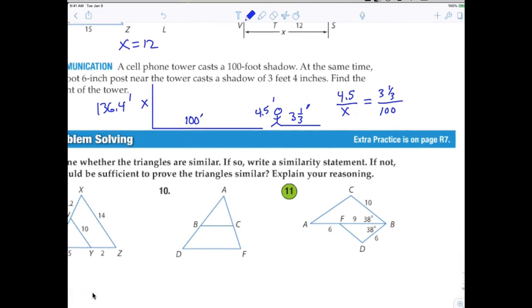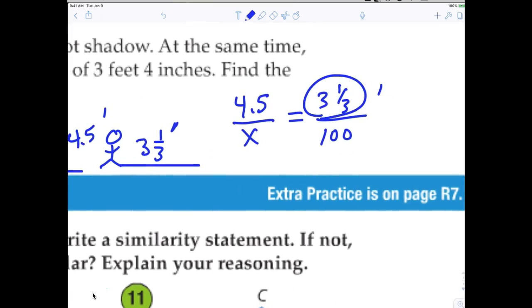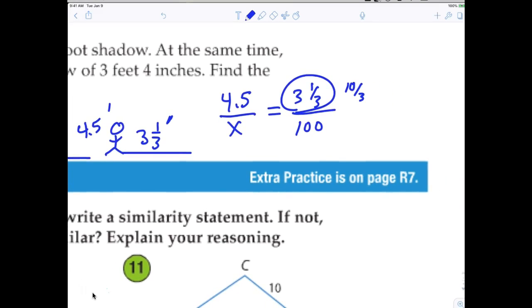All right. Well, again, it should be exact, okay? I don't want to have separate answers now. So if you're having trouble, remember, 3 1/3 should be typed in as 10/3. That would help you. So then 4.5 times 100 is 450, which is equal to 10/3 x. So multiplying by 3/10, 45 times 3, 135 is equal to x.